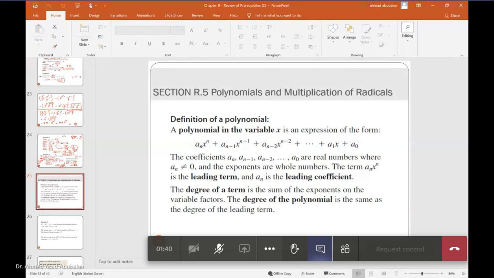We have polynomials: how to find the addition, subtraction, multiplication, division of polynomials, how to find the factorization of polynomials, and how to rationalize the denominators. This is the subject in this lecture, inshallah.